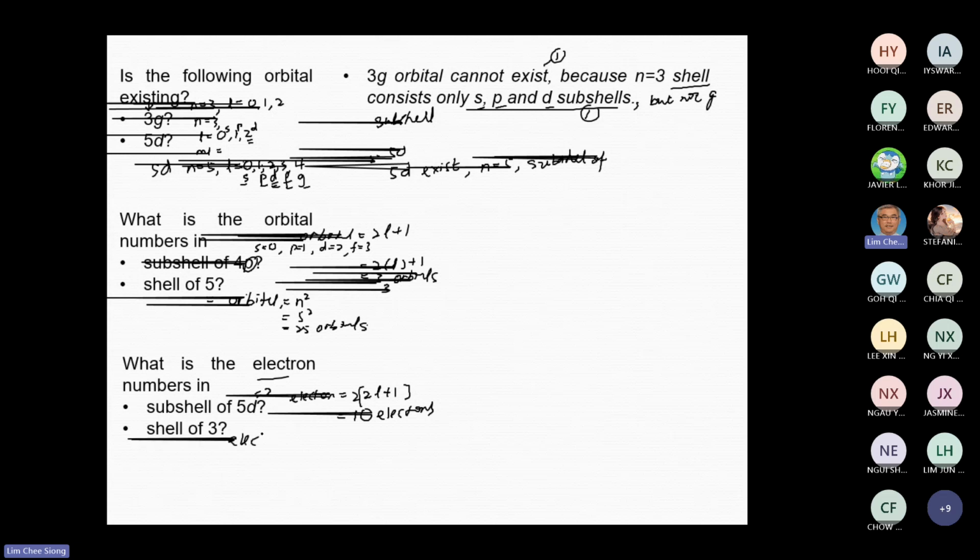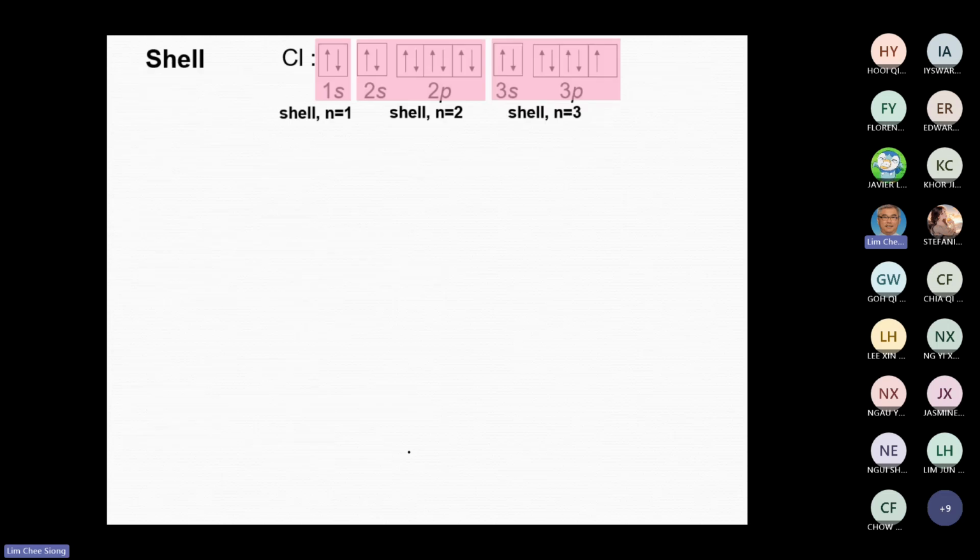So the electron number equal to n to the power 2, but 2 times. So we can come up with the answer 9 times 2, 18. 18 electrons. Are you correct? Yes, okay. So far, any problem before we proceed? No, okay, then we proceed.